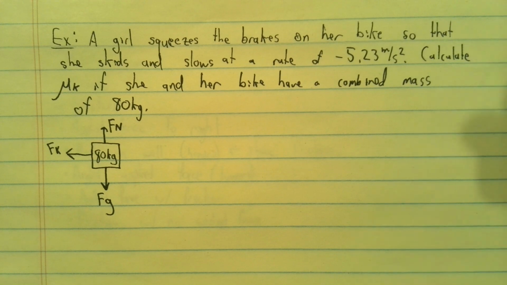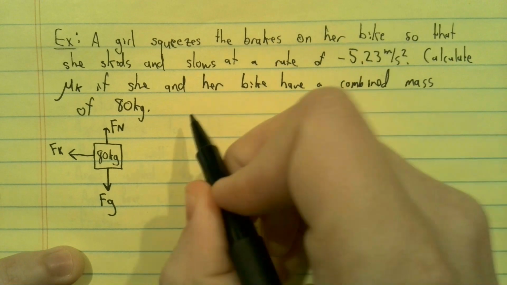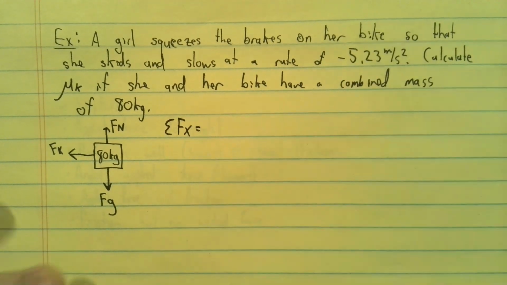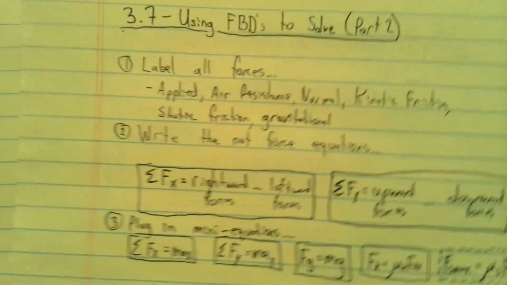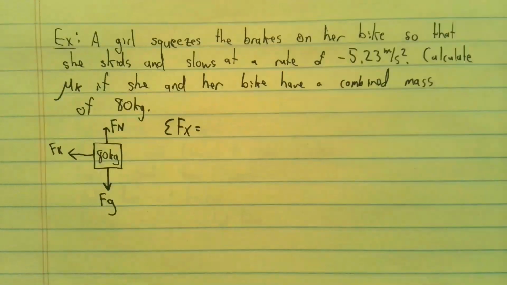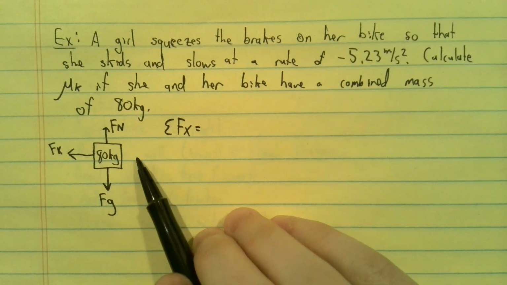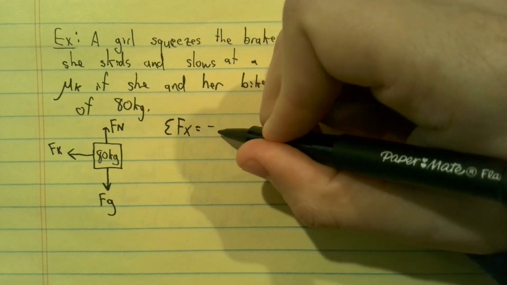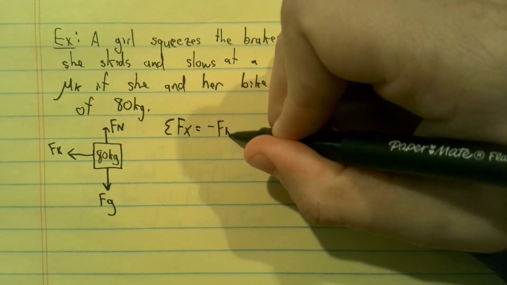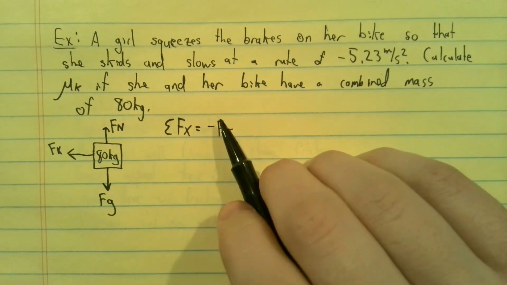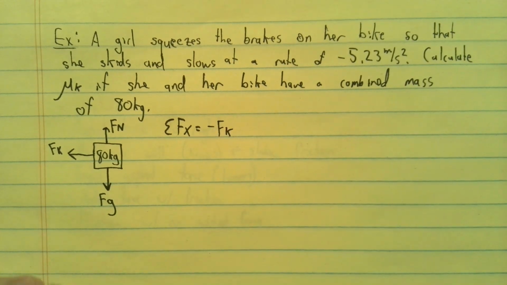Okay, step 2, write the net force equations. Let's do it. Sigma Fx is our rightward force minus our leftward force. Well, that'll be nothing minus Fk, so it's basically 0 minus Fk, which is just negative Fk.